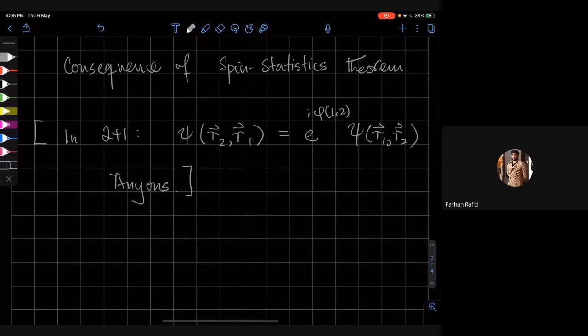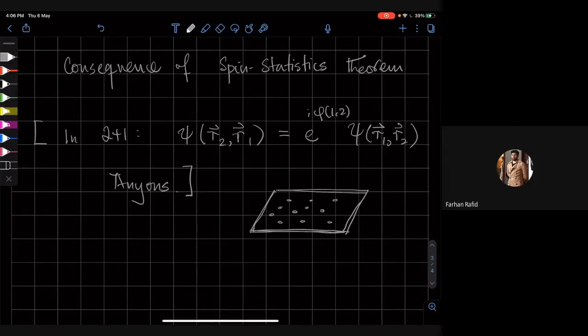And in condensed matter systems, you can, for example, have a two-dimensional system, like a plane. So it's a 2+1 dimensional system. And then you can have vortices and stuff like that, which are not fundamental particles, but pseudo particles.